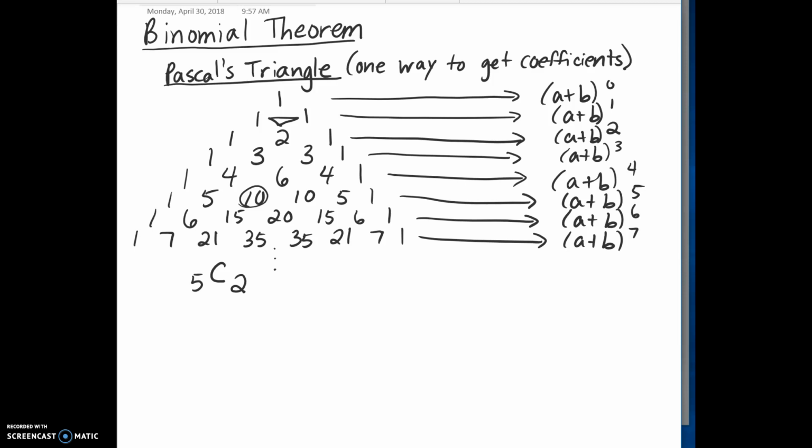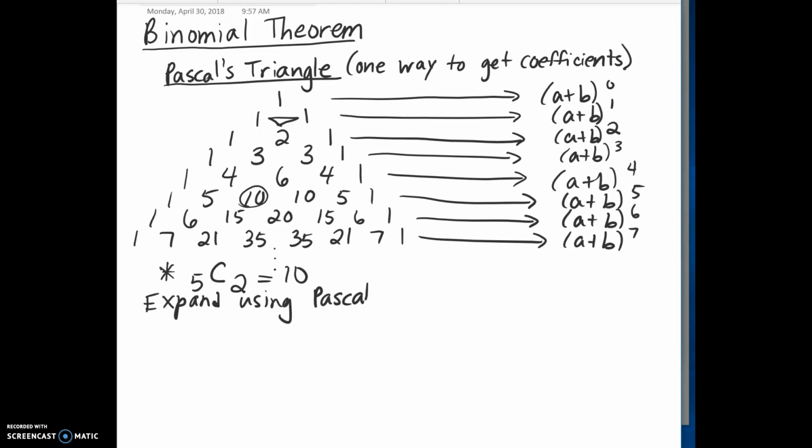So you can start with 5C0, 5C1, 5C2, 5C3, 4, and 5, up to the same number that's over here. We're going to kind of save that for later, but I just wanted to show that the combinations would be another way to come up with these numbers without writing out this entire triangle if you just wanted a specific row.